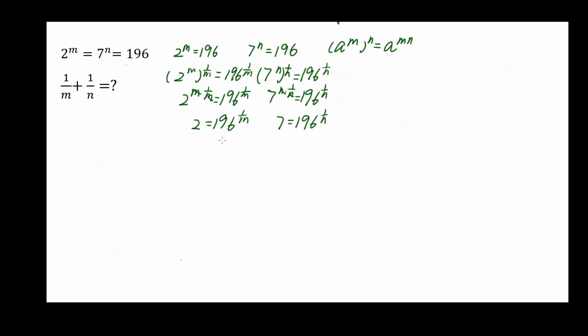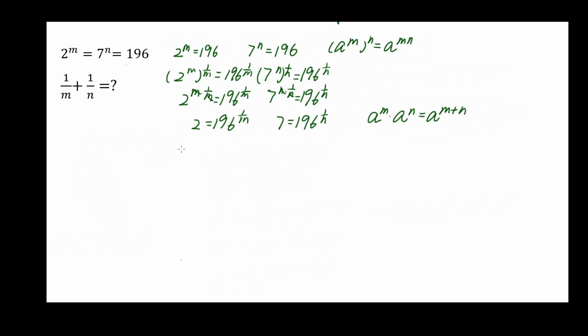As you can see, this base and this base are the same, so we can use another exponent law, that is a to the power m times a to the power n equals a to the power m plus n. So let's multiply these two equations.